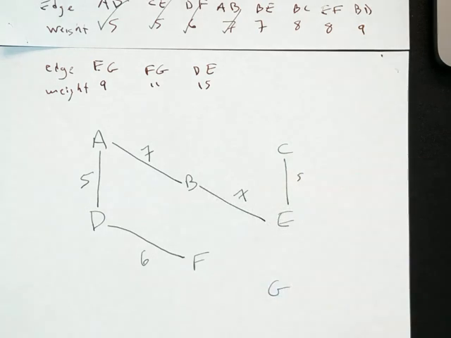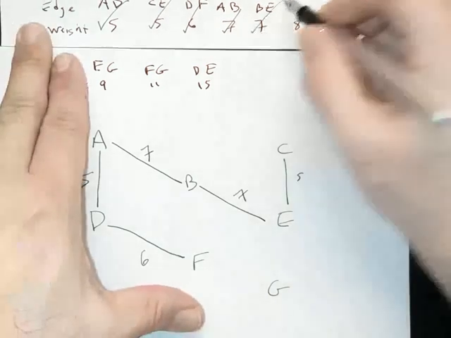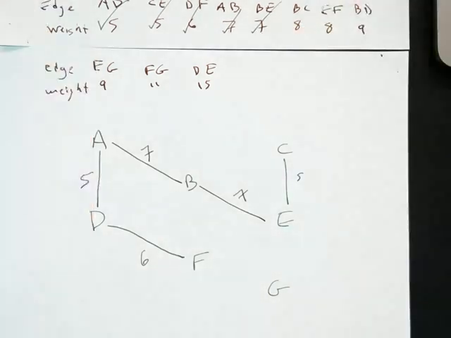Total weight, 30. 1, 2, 3, 4, 5. I'm getting closer. The next edge in my list is BC. Add it? Why not?